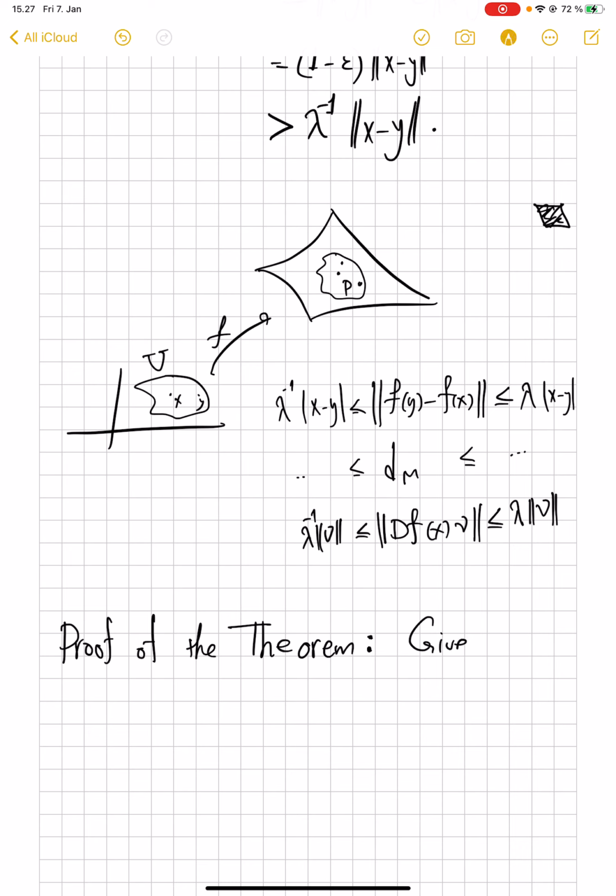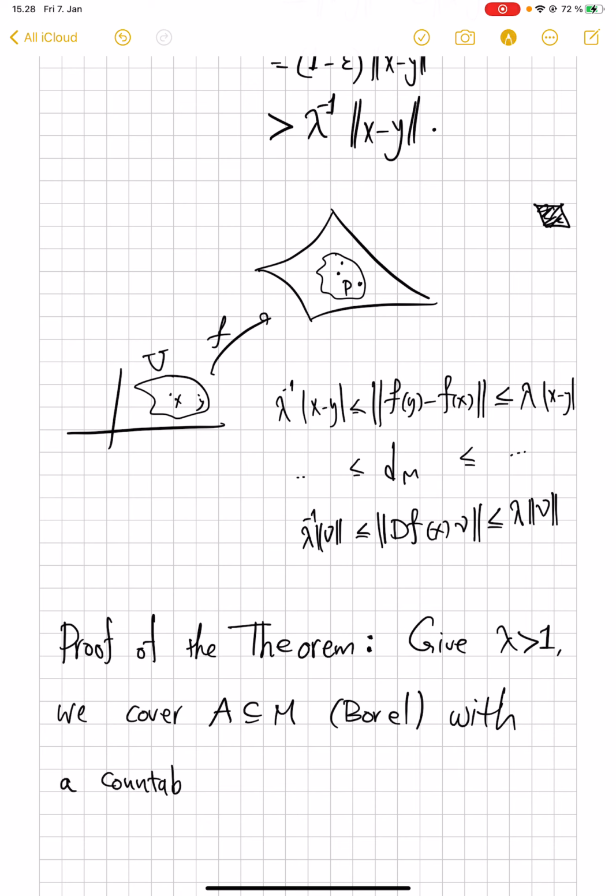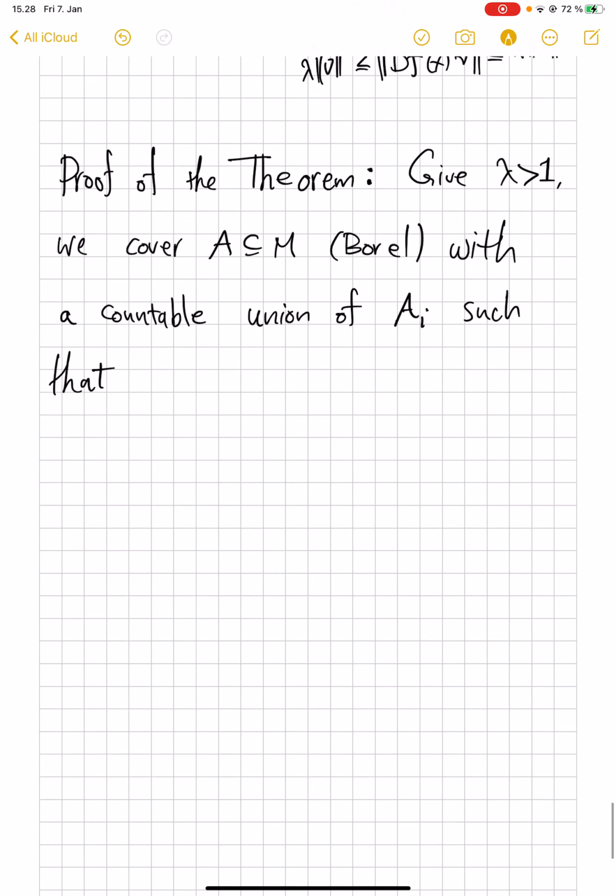Okay, given lambda bigger than 1, we cover a given Borel set A with an at most countable, maybe finite, union of Ai, so we write A as a union of Ai such that the Ai are also Borel.